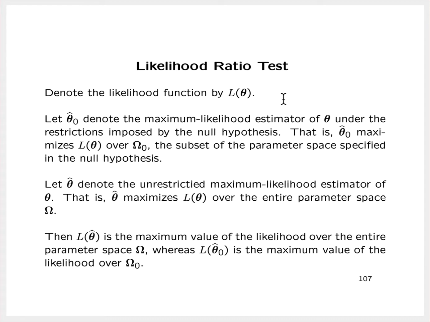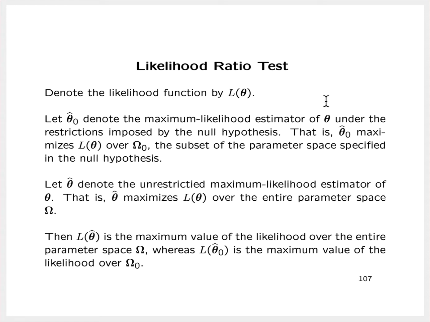Once we have our data, once it's been observed, then they're no longer varying, and we can consider that joint PDF to be a function of the parameter, and we denote that function this way: the likelihood function of the parameter given the data. Now, let's let theta hat sub 0 denote the maximum likelihood estimator of theta under the restrictions imposed by the null hypothesis.